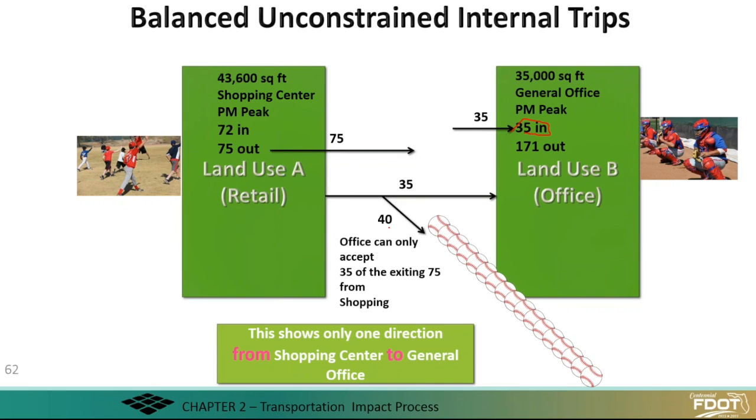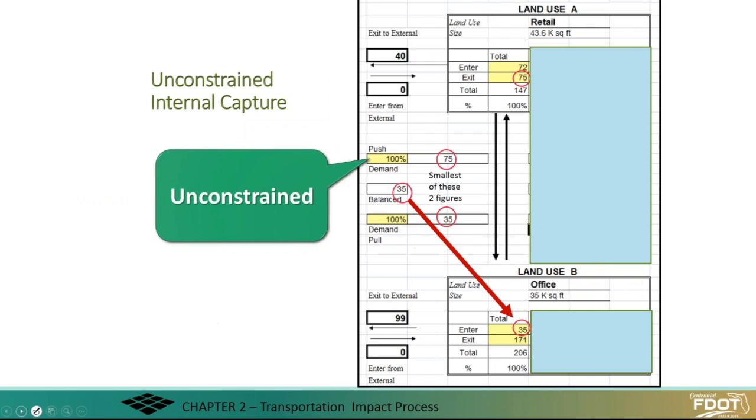So what that leaves is 40 of these trips, or 40 of the balls that are tossed at the catchers, will end up in the road. Okay, but that is unconstrained.